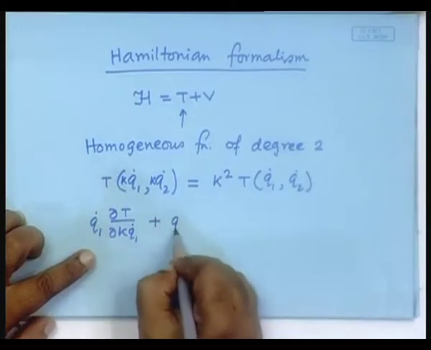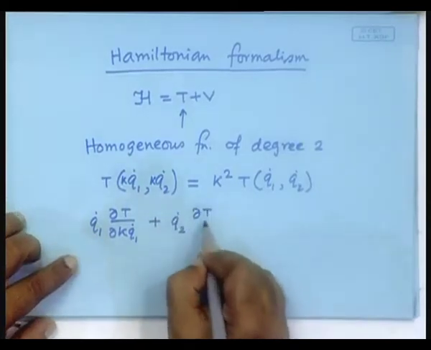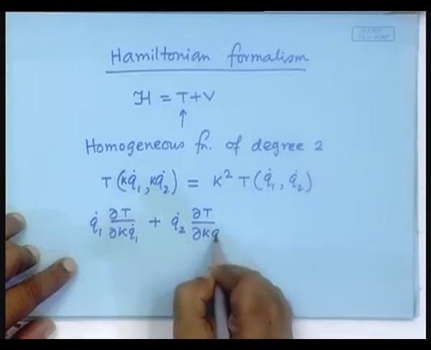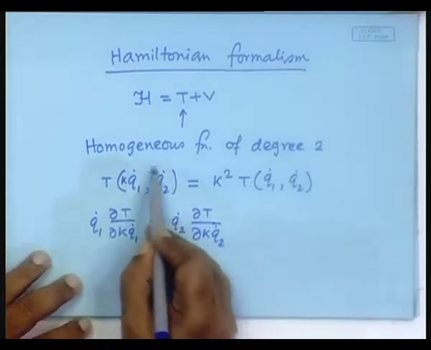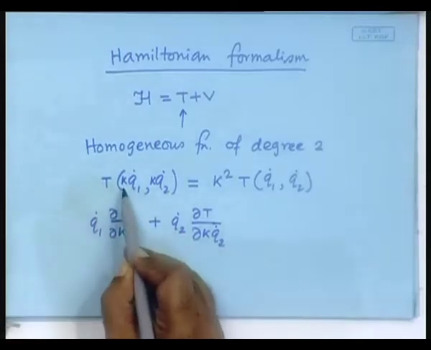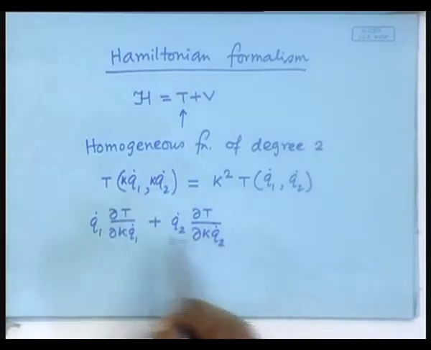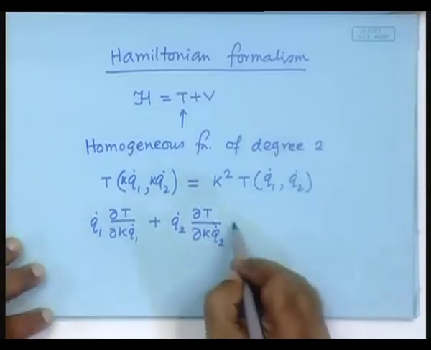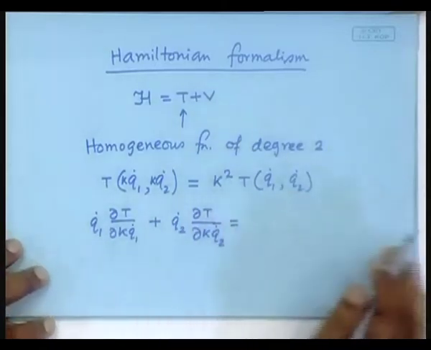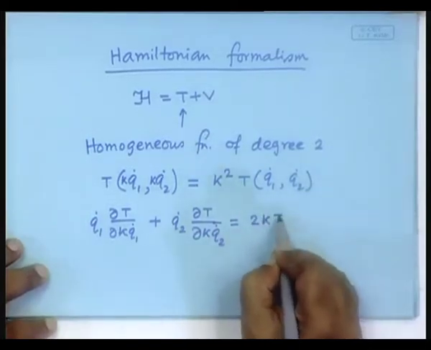So, the second term will be q2 dot times the derivative of T with respect to k q2 dot, right. So, I am differentiating with respect to k using the chain rule. It is a function of two things. So, I first differentiate with respect to this, and k q1 dot with respect to k yields q1 dot, and similarly the next one is equal to, on the right hand side what you have, twice k T.